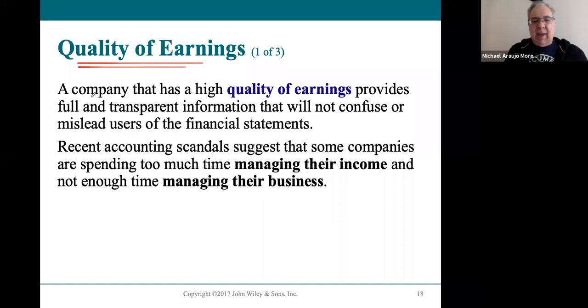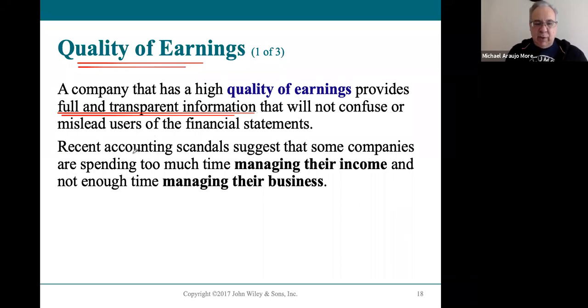And that means they need to share all the information with their financial statement users so they give them a better understanding of how they came to this conclusion. And so that's really a very, very important thing, is to make sure all the information is explained well and transparent, so people who are using the financial statements can understand what they're reading.